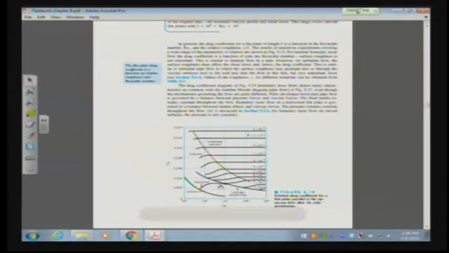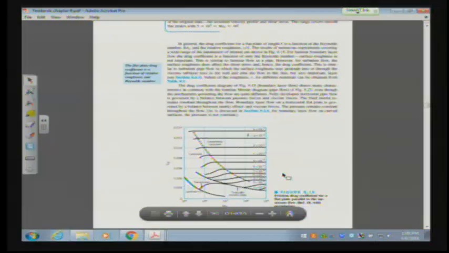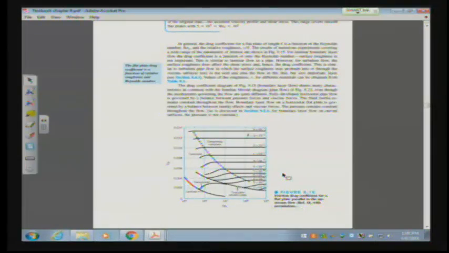If it's transitional, we have some different relationships, and completely turbulent, we have some more complicated relationships. So in between laminar and turbulent, we're going to have this transitional region, but we can find the friction drag coefficient based upon the Reynolds number, in other words, based upon the degree of laminar, transitional, or turbulent as we can define that flow.